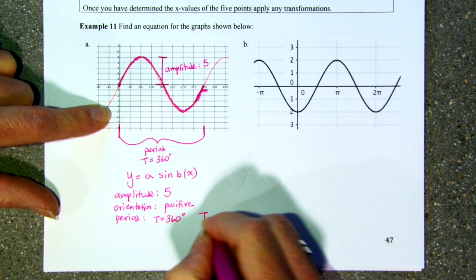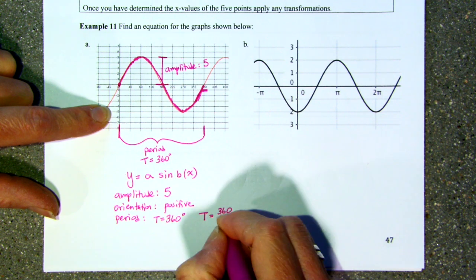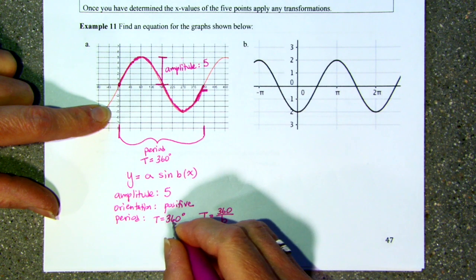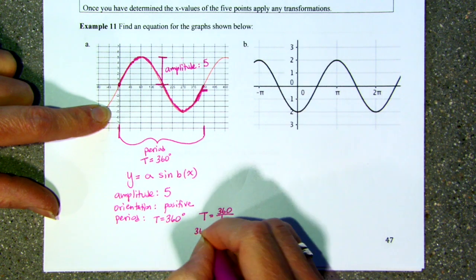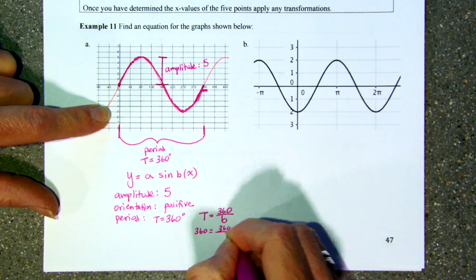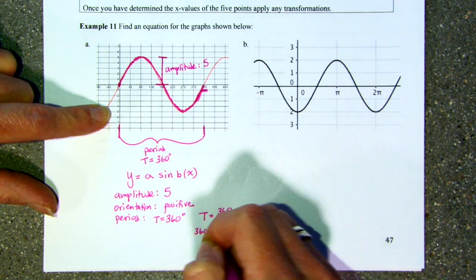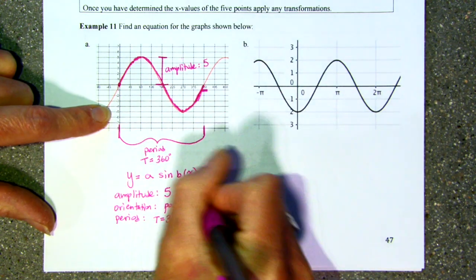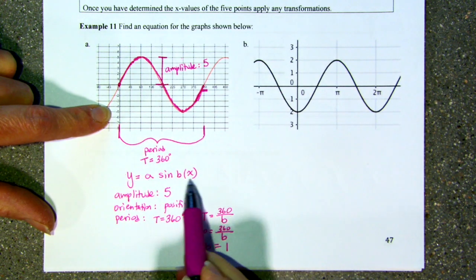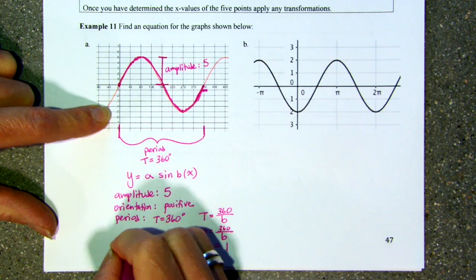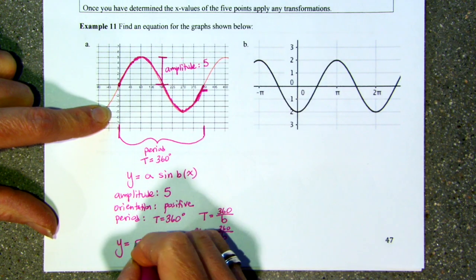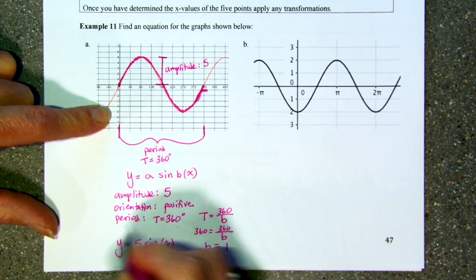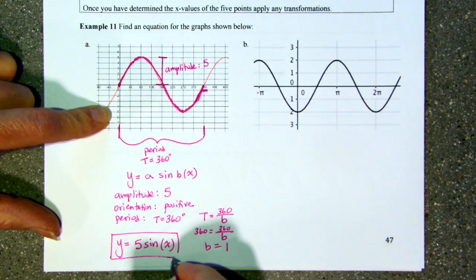We also know that T is equal to 360 divided by b. So we could replace this T with 360 and solve for b. We see that b is equal to 1. So we can put all of that into our function here. So our equation is y is equal to 5 sine of x. You can put the 1, but you don't need to.